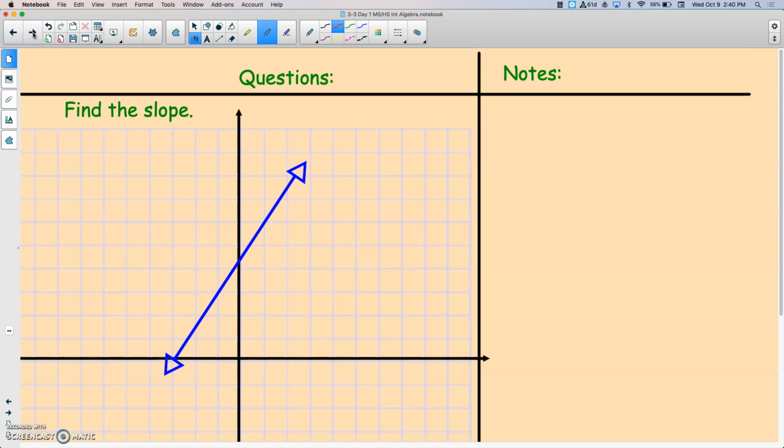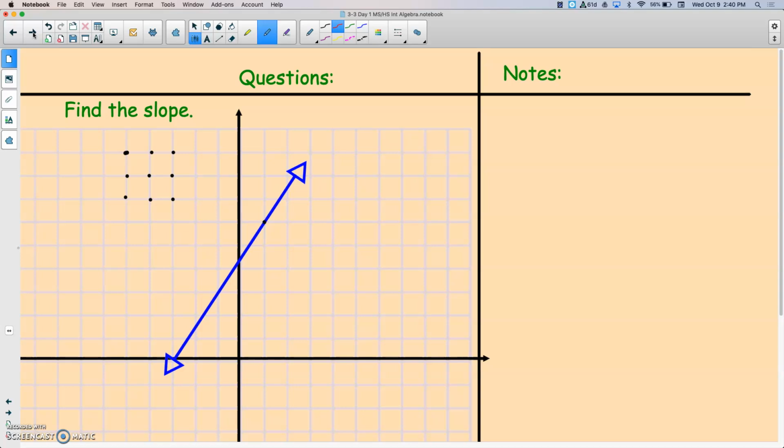Next example. There are not any points identified on this line, so first I need to identify 2 points. What you're looking for is where the line crosses through the corner of a grid. So see all of these dots I'm putting on? That's what we're looking for, where the line goes right through the corner.